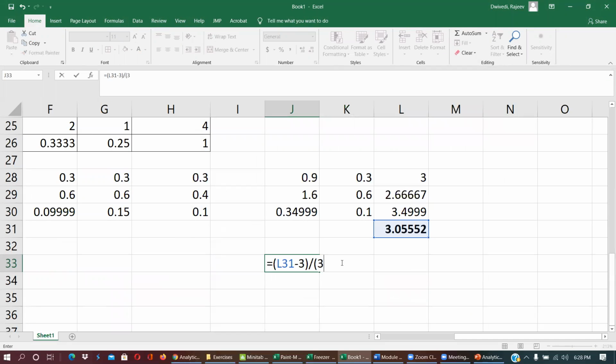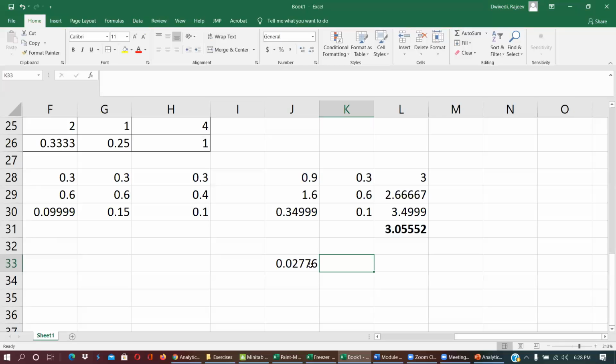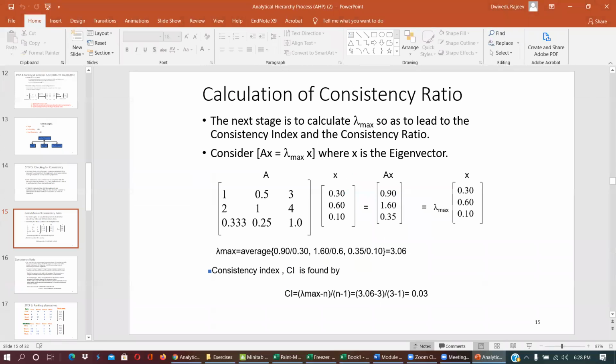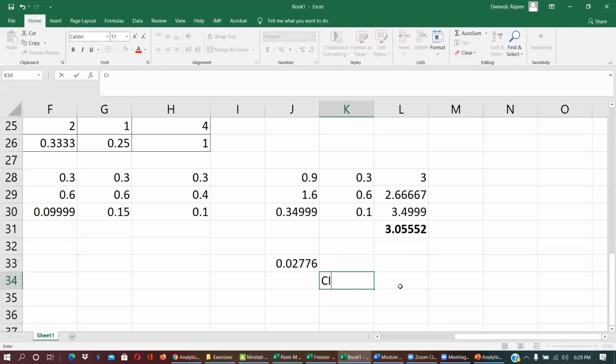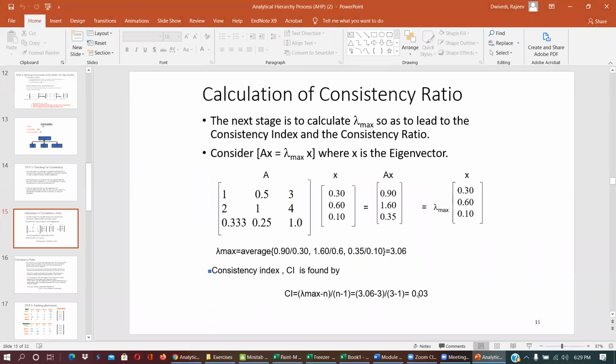How much are we getting here? The value is close to less than 2%, less than 3%. So this is the consistency index, CI equal to 0.03.